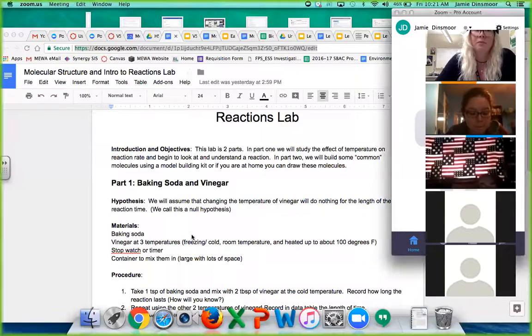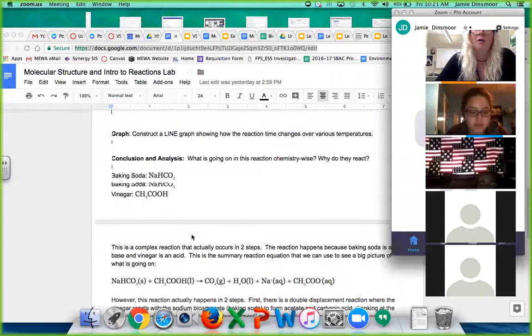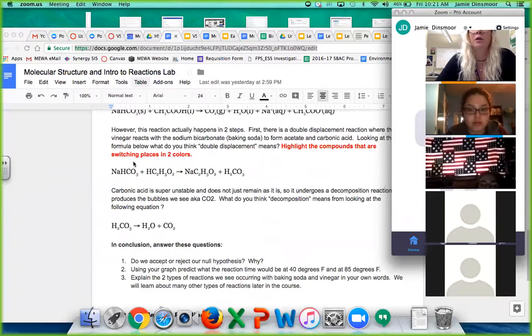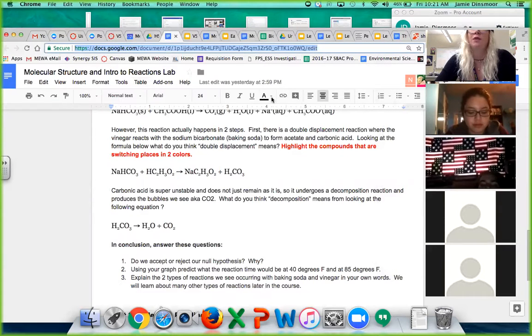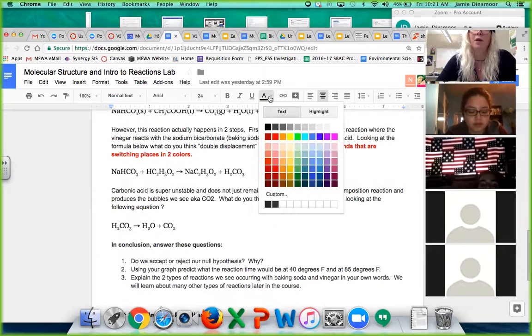All right, so on the lab itself, you're supposed to look at this equation and figure out what is switching places. So the best way to do this, I would recommend, is to start with the sodium, right? I'm gonna highlight the sodium in blue.